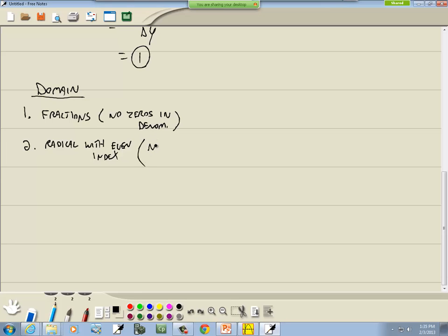So no negatives inside the radical. If we have a log of some form, well, then we can't have a log of 0 or a negative number.